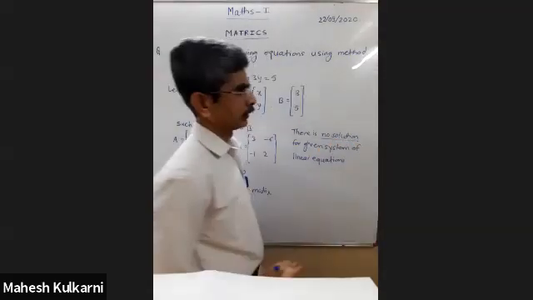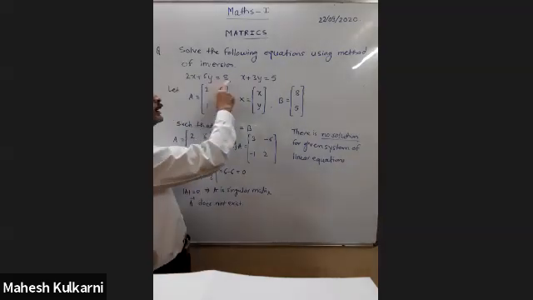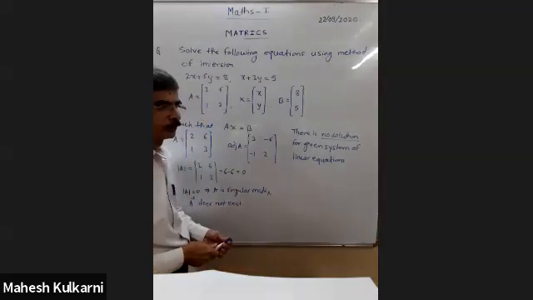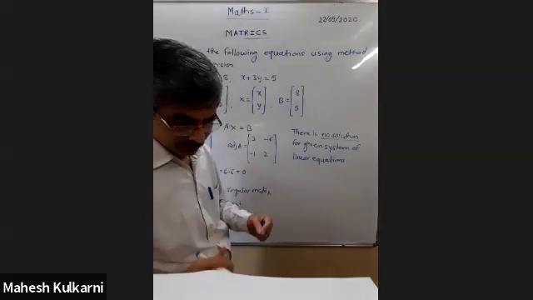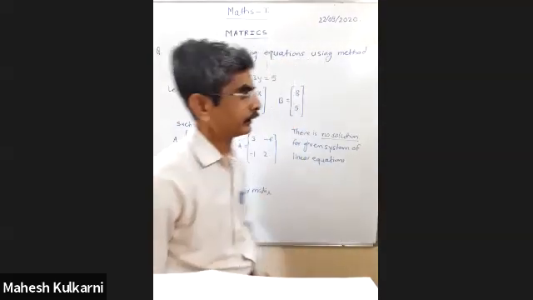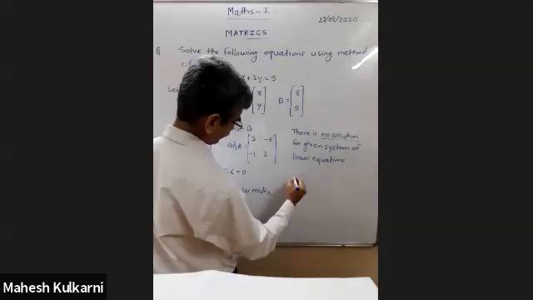There is no solution. No solution means there is no common solution to these two linear equations. But why is it so? Is there any geometrical interpretation for this? Yes. See, 2x plus 6y is equal to 8.